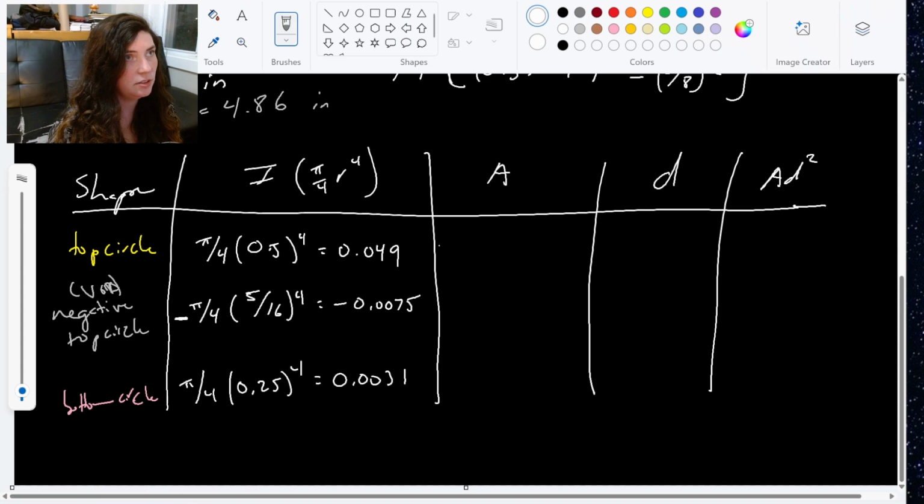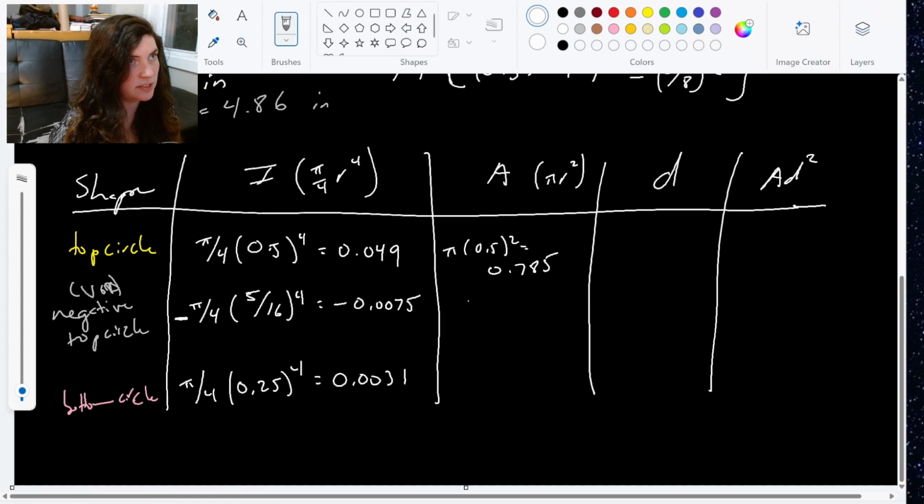Area of a circle is pi r squared. We already got all of our r's over here. So pi times 0.5 squared gives me 0.785. Same deal for the next one.